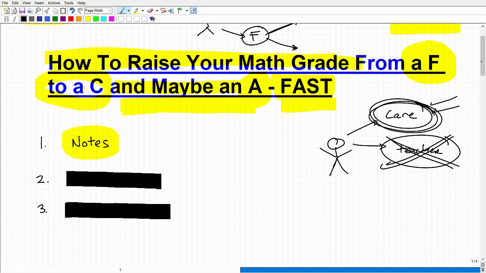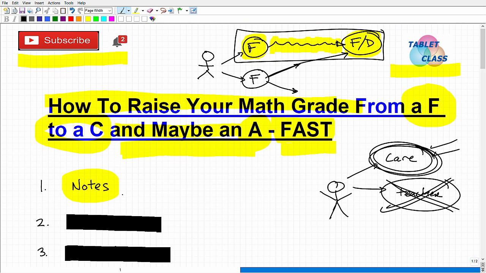First of all, let me just state this much. You must take notes to do well in math. If you do not take notes at all, then you're just completely gambling on whether you're going to pass or understand. So taking notes is an absolute must. It's critical. If you've been following me on my YouTube channel for a while, I stress this over and over again because there's a high correlation with students who have excellent notes.